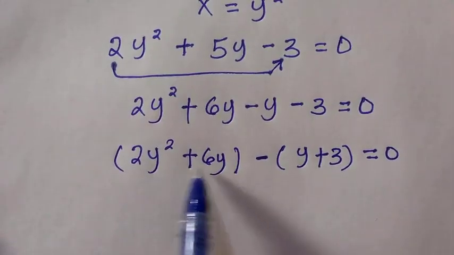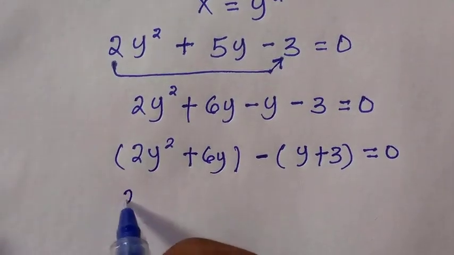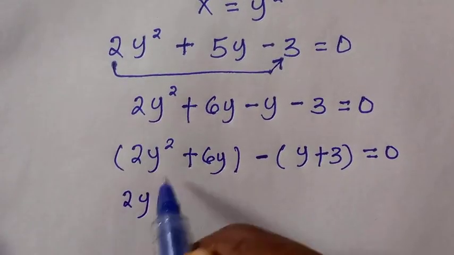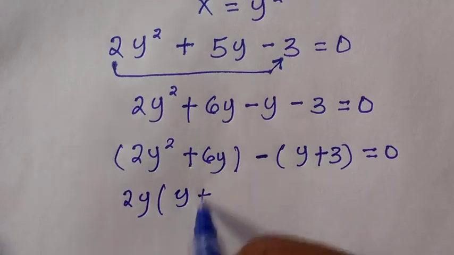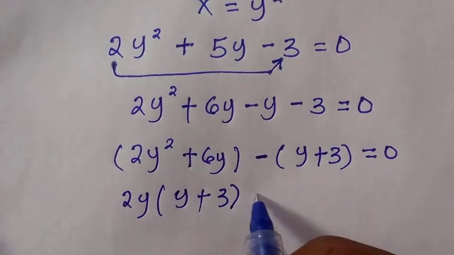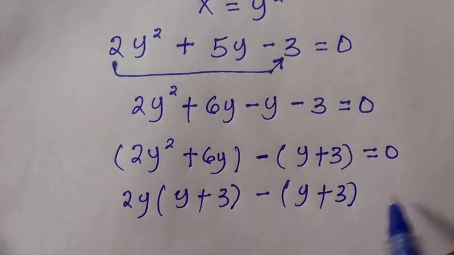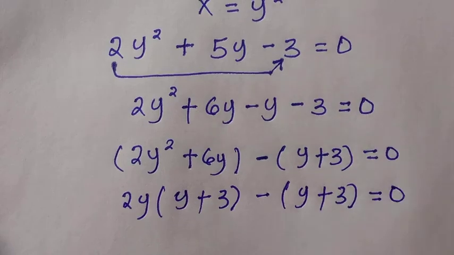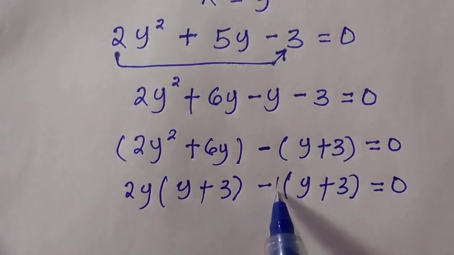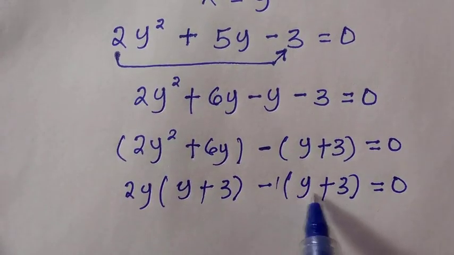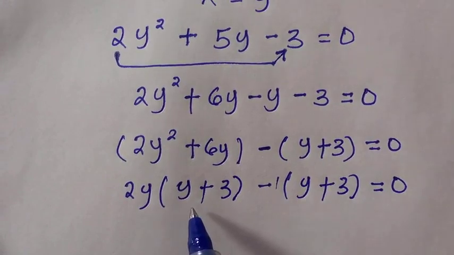Again, what is common here is 2y. We factor it out, and we are left with y plus 3 minus open bracket y plus 3 equals 0. So here we have 1. Here is y plus 3, and here is also y plus 3.